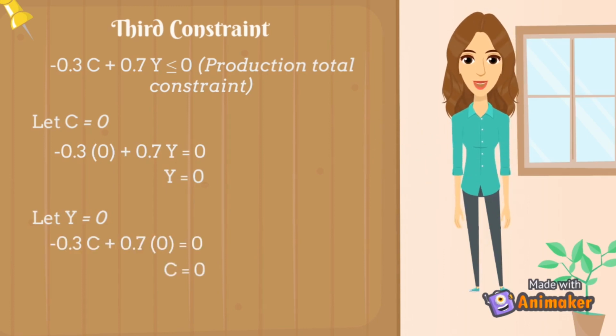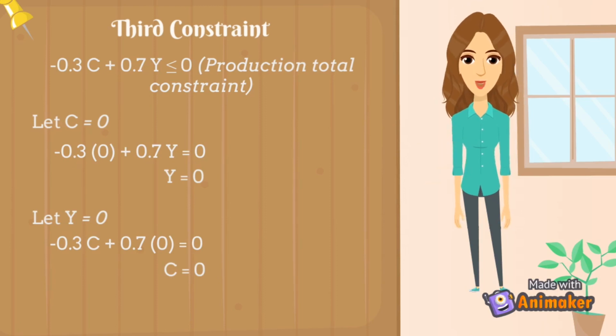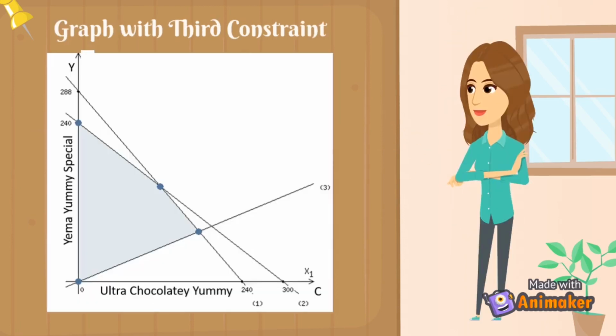So we can safely say that the values of c and y are 0. Let's plot it in our graph. We see that our shaded area is bounded by our constraint lines, and we can now identify the feasible region. So, we can now proceed to solving for the optimal solution.